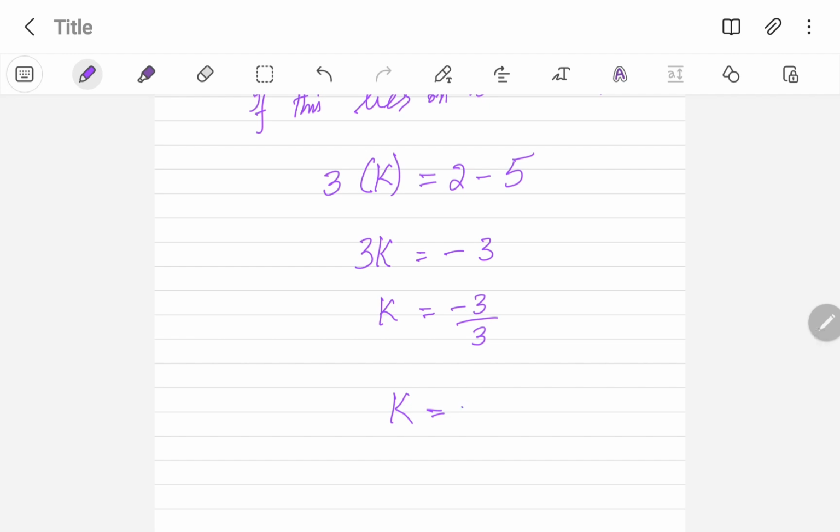Next, k has the value minus 1. This is the required answer.